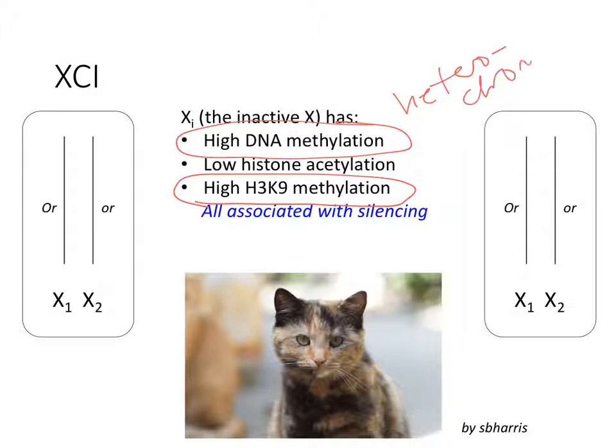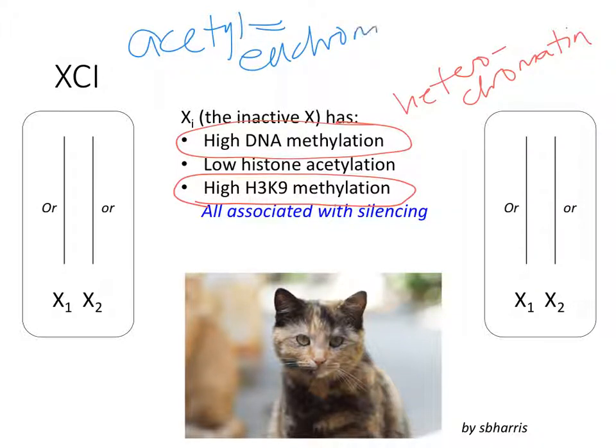And what's the modification that's usually associated with euchromatin? Acetylation, right. Now, this is not a hard and fast, 100% of the time true rule, but it's pretty close. So in general, methylation, silencing; acetylation, active transcription.